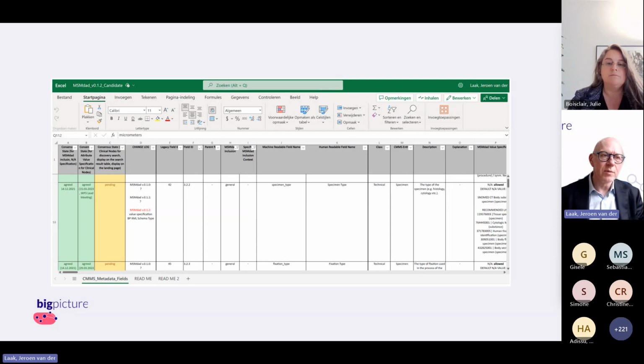And this standard will be publicly available in the near future. So we also hope that other initiatives in the infrastructure space can make use of this, and that it can be broader than just Bigpicture, because a common metadata standard, of course, would really benefit also the interoperability and reusability of data across different platforms and even across different modalities.